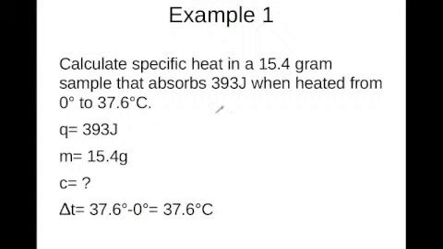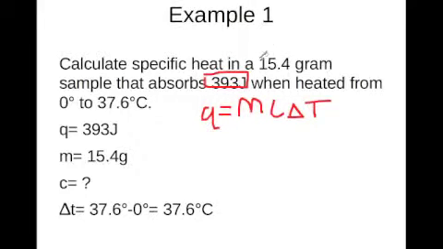You're going to use Q equals MC delta T. So you're going to look for your Q, which is your 393 joules, then your mass, which is your 15.4 grams, and then your C is what you're looking for, which is the specific heat, then your delta T, which is the temperature final minus the temperature initial. So it gives you both of those. So 37.6 minus 0 is just 37.6.